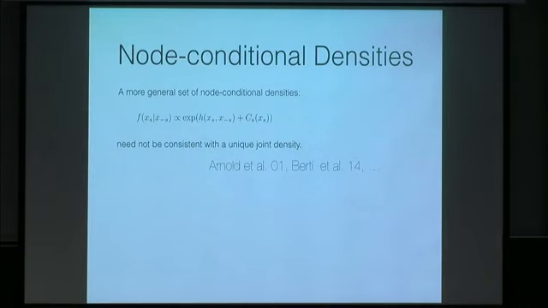So if I allow the conditional density of xs given everybody else, where h is just the logistic transform of this conditional density with respect to this base measure, and I specify these independently, let's say h sub s, for each and every variable, these need not be consistent with a joint density. You can show this even with two variables, and this has also been investigated in various contexts.